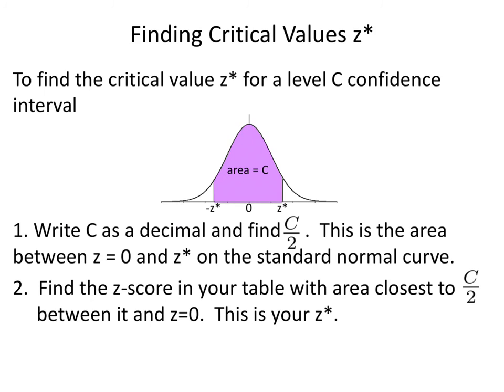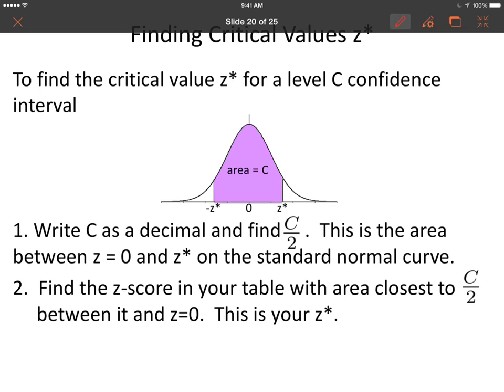So how do we find these critical values? Well, again, z star is the z-score for which the area between negative z star and z star is C. We have a table that gives us areas between the mean and z-scores. So all I want to do is find the z-score in my table that gives me the area that's half of C. I'm going to cut C in half.